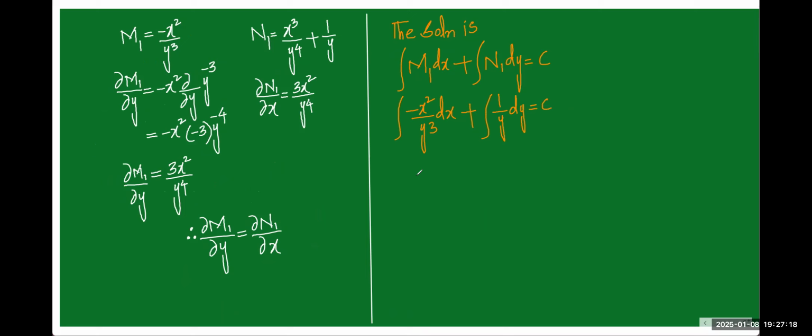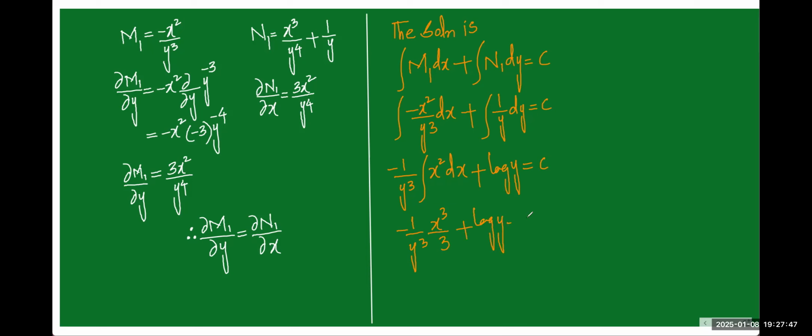So integrating with respect to x, treating y as a constant, minus 1 by y cube together will go out. Integration of x square dx only is left here, plus 1 by y integration is log y, equal to constant. Minus 1 by y cube as it is, x square integration is x cube by 3, plus log y is equal to constant.